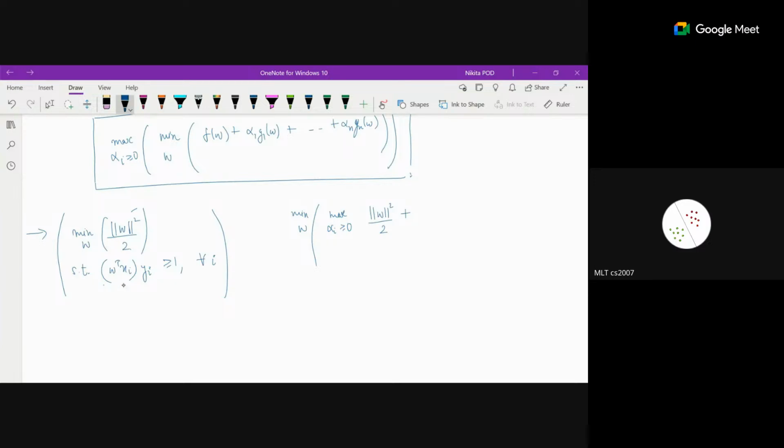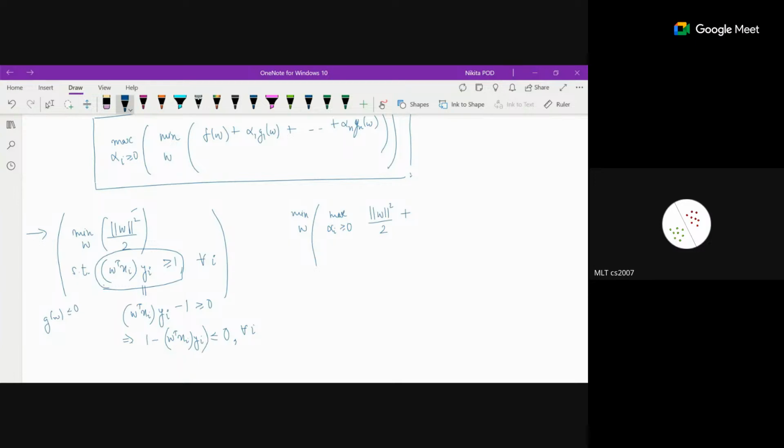Now see, when we were trying to formulate the dual problem, my G of W was less than or equal to 0. So how can this constraint be converted to the form G of W less than or equal to 0? You can write this as W transpose Xi Yi minus 1 greater than or equal to 0, which can also be written as 1 minus W transpose Xi Yi less than or equal to 0 for every i.